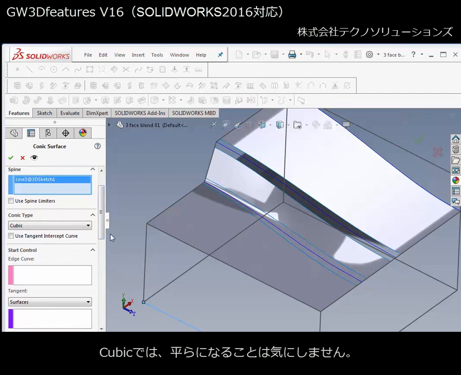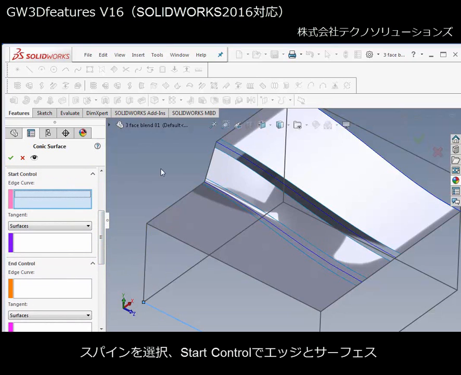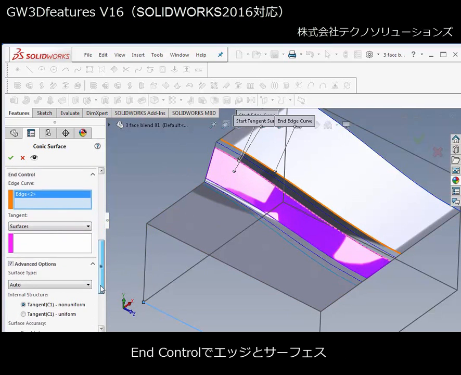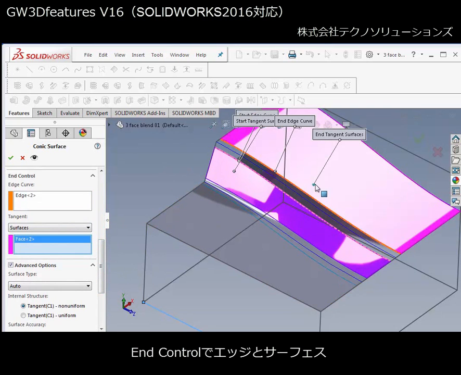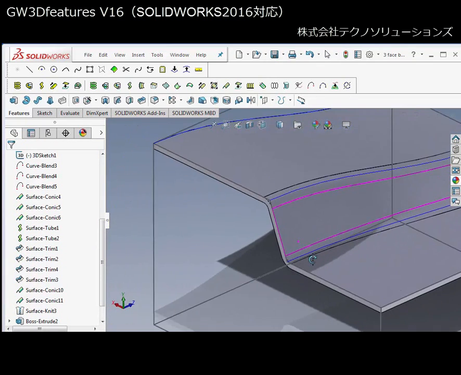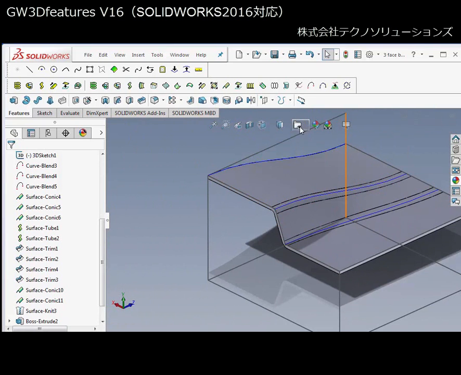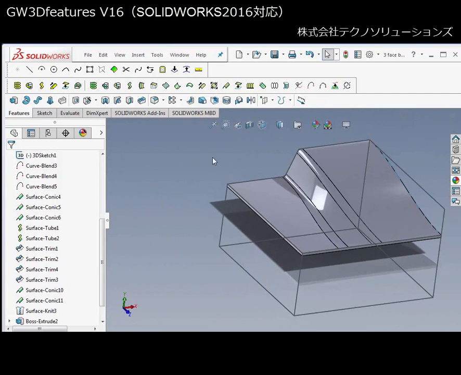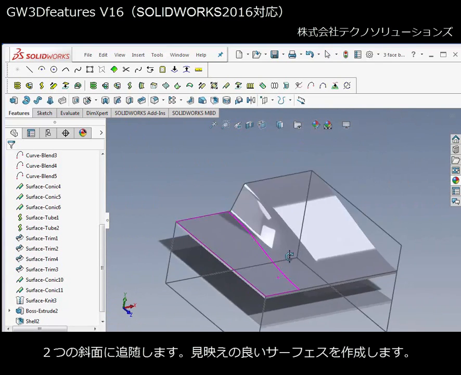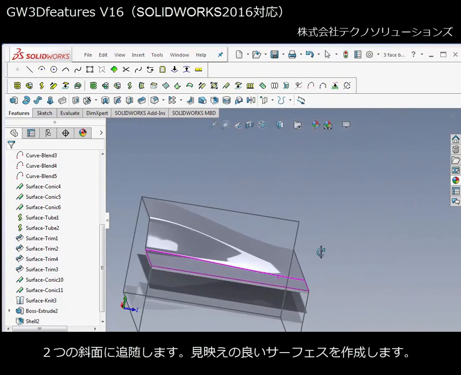So once again, our inputs are a spine, two edges, and their accompanying two slopes. I think this creates a very nice looking surface.